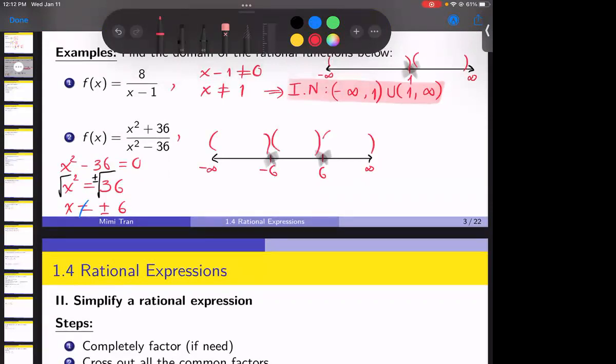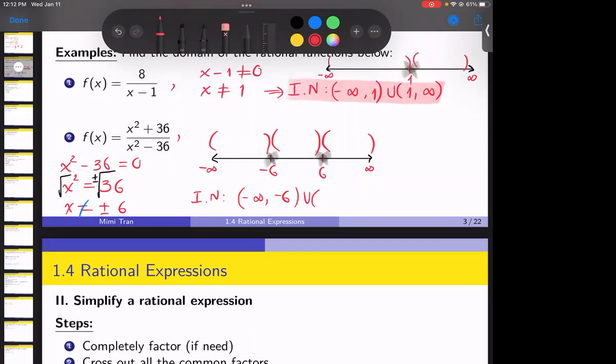Parenthesis, parenthesis, parenthesis, parenthesis. All right, someone tell me the interval. Start from left to right. Stick to what first?